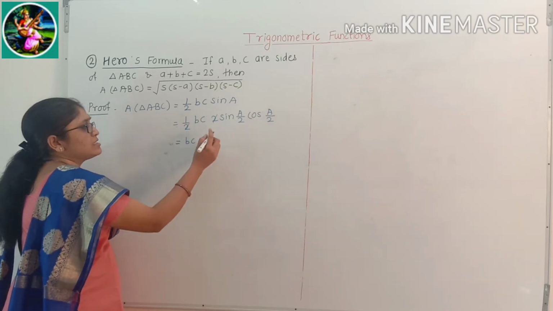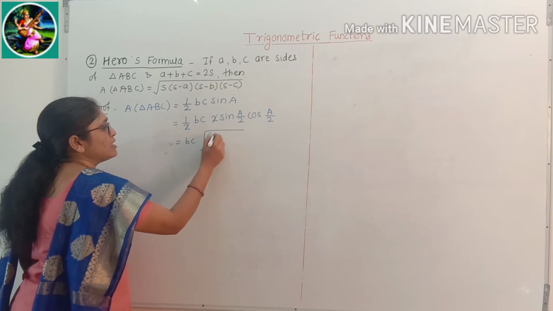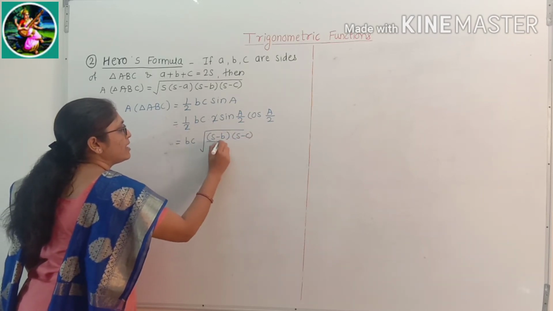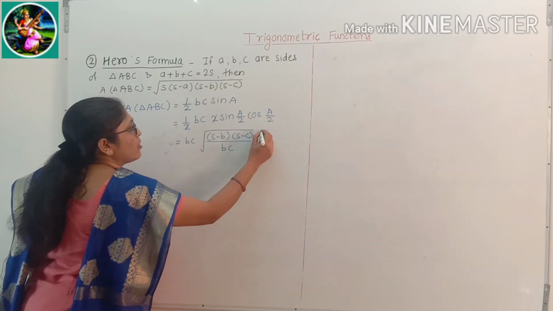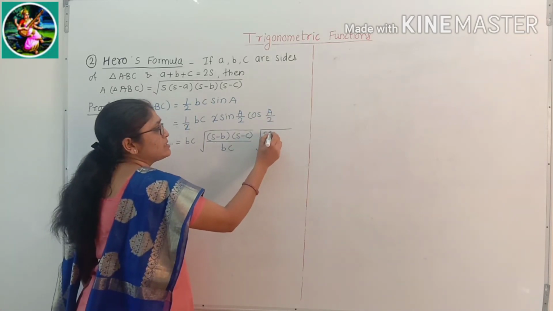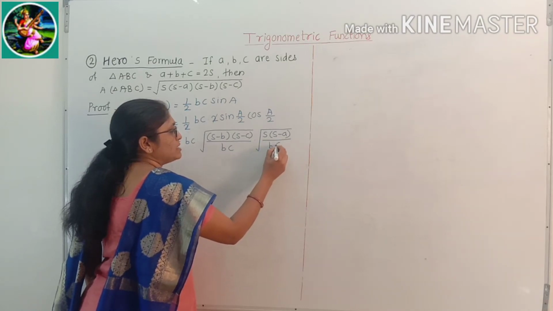We know that sin of A upon 2 is the square root of (s minus B) into (s minus C) divided by BC, and cos of A upon 2 is the square root of s into (s minus A) divided by BC.